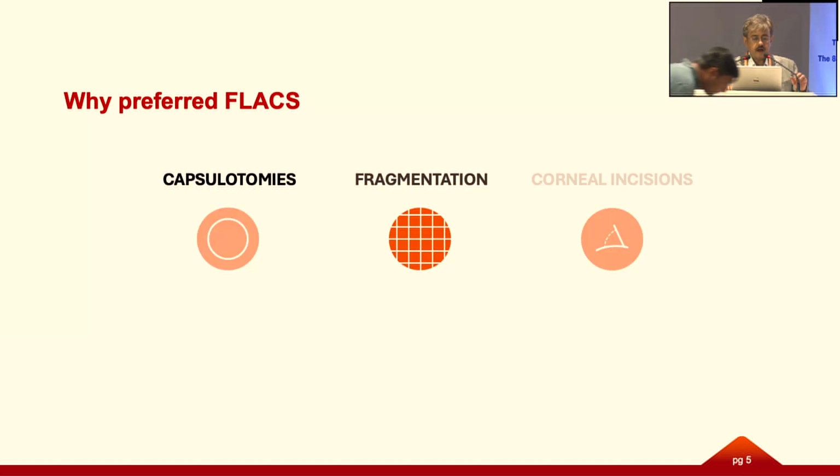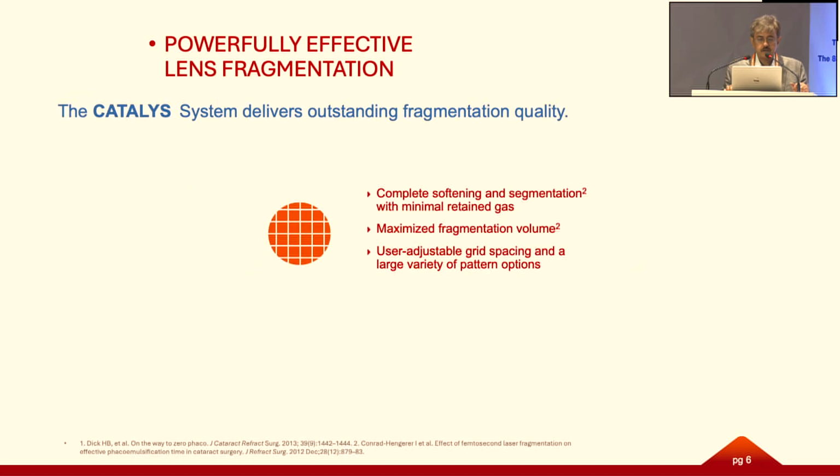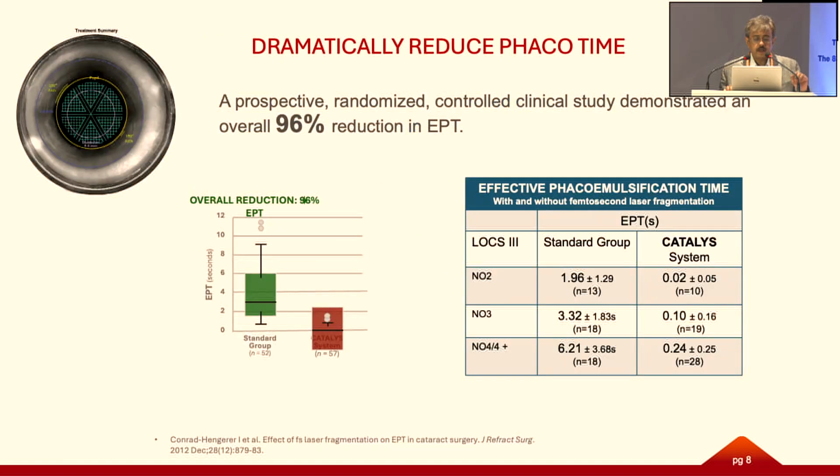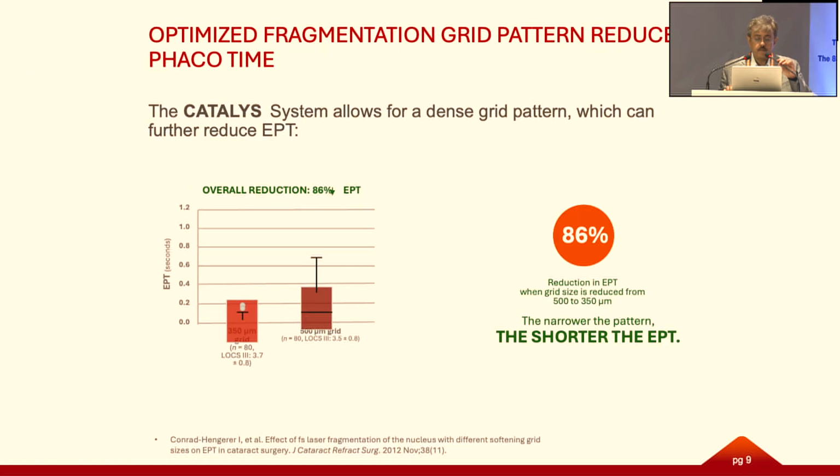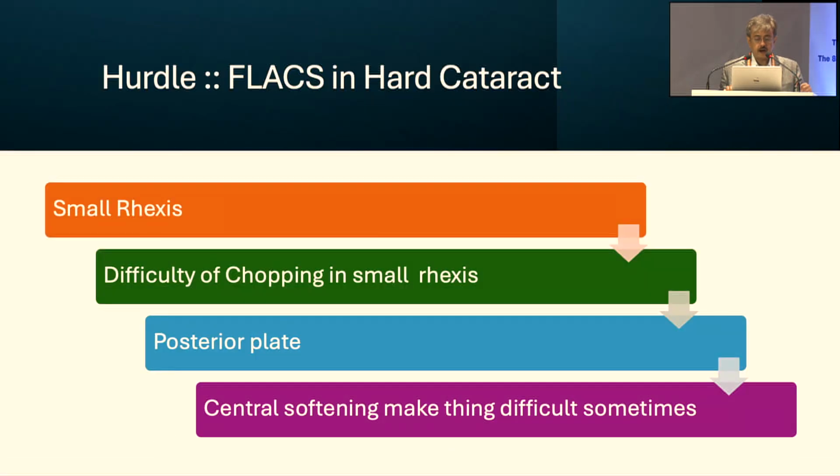And to be frank, I am using only capsulotomy and fragmentation in a few cases, sometimes only capsulotomy, and I don't use any corneal incision with the catalyst system, because it does not open very easily in the catalyst system. So, as per their data, the effective phaco time is reduced by 86%, and this is actually the meat. It is not actual data in my hand.